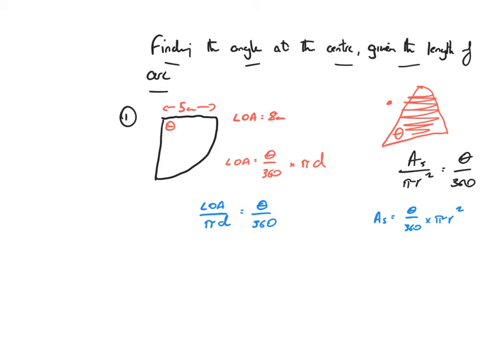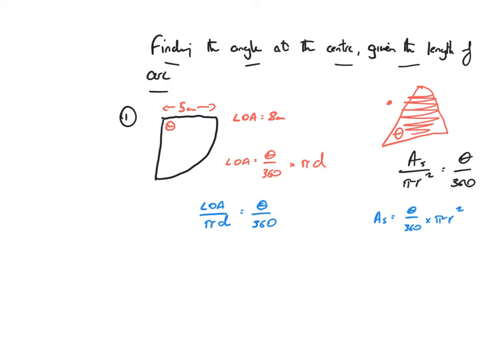The length of the arc is a bit of the circle, a bit out of 360, and the bit is theta times the circumference of the circle. I can now bring that times pi d down and divide, and that will give me length of arc over pi d equals theta over 360.